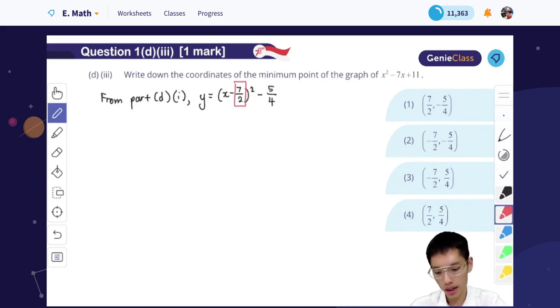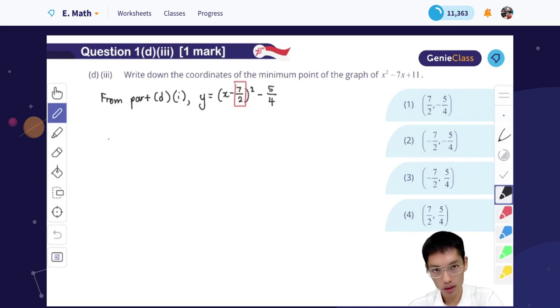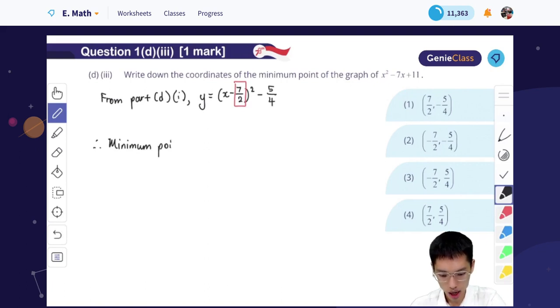Regardless whether the sign over here is plus or minus, it is always going to be just that particular number that we are taking. So my minimum point x value is just going to be none other than 7/2. Whereas the next one is dependent on the sign, because that is the result of the number where you sub in the minimum point.